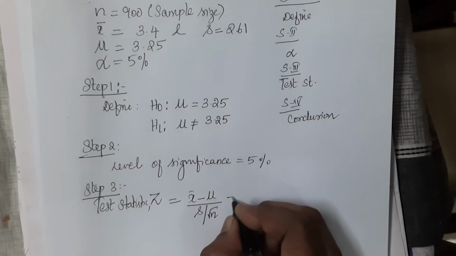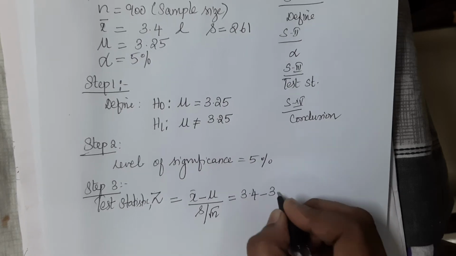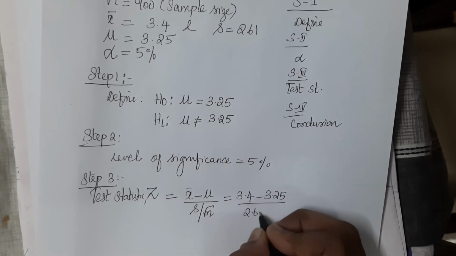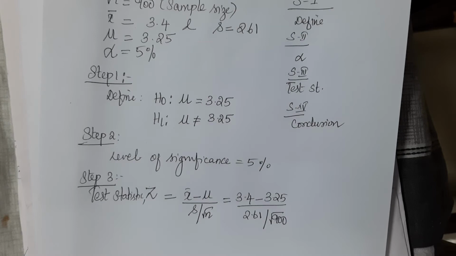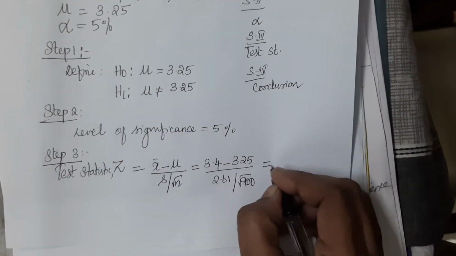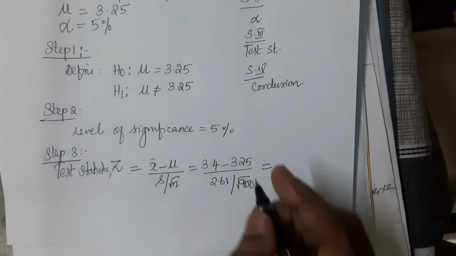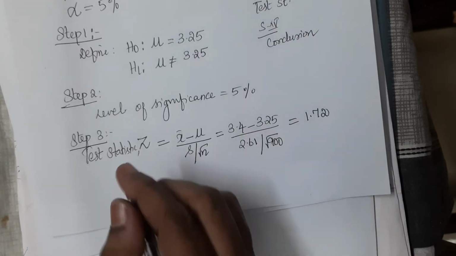If we substitute the x bar value 3.4, mu value 3.25, S value 2.61 and root of n value 900, and calculate, the value will be found to be 1.72.